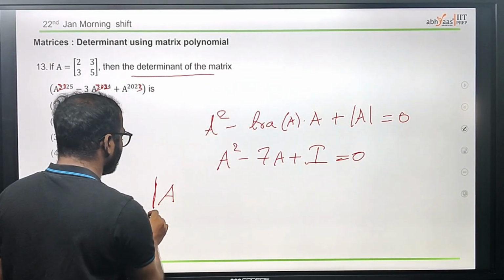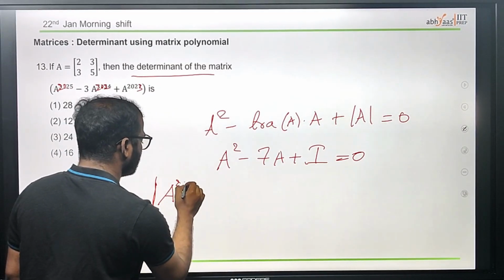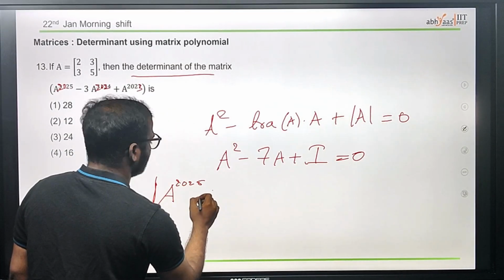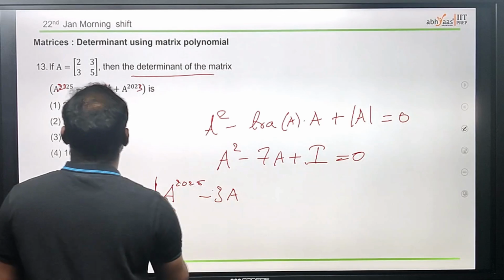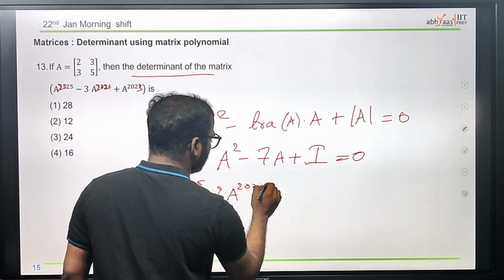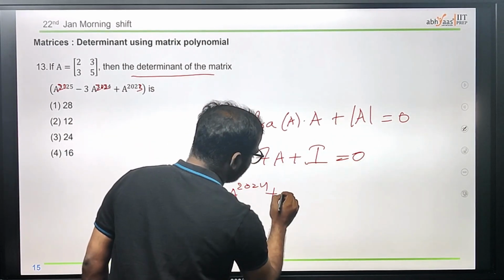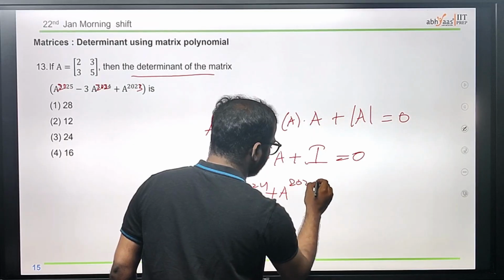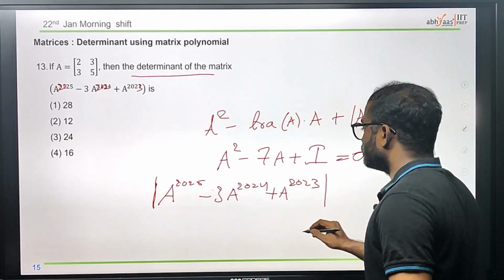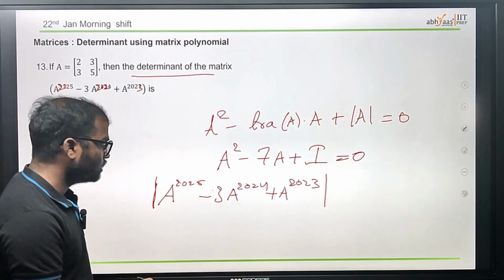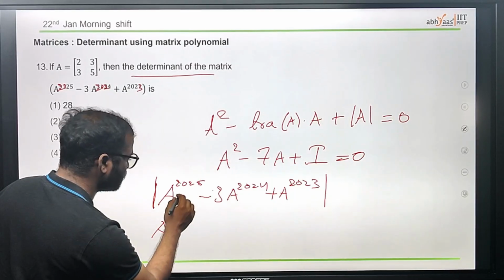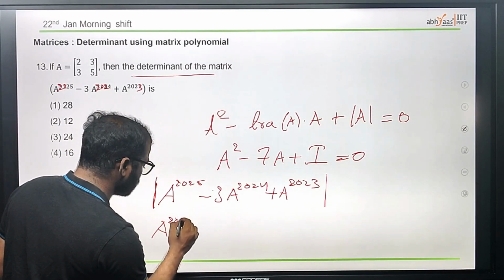Therefore we have a power 25 minus 3 a power 2024, and another one plus a power 2023. Now we need to simplify this one, just take 2023 as common.